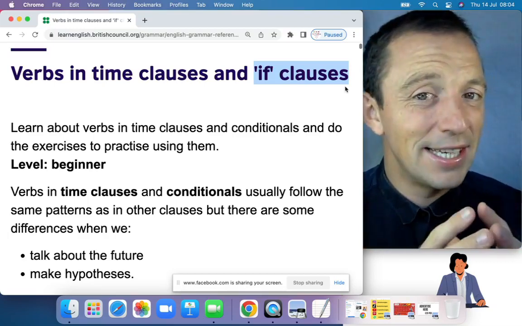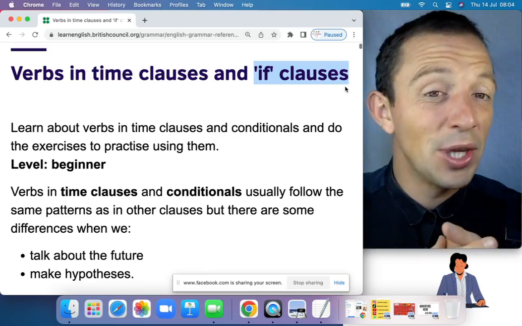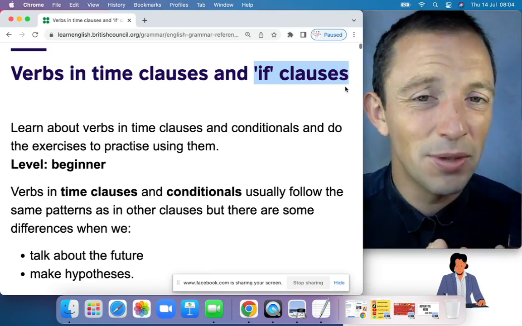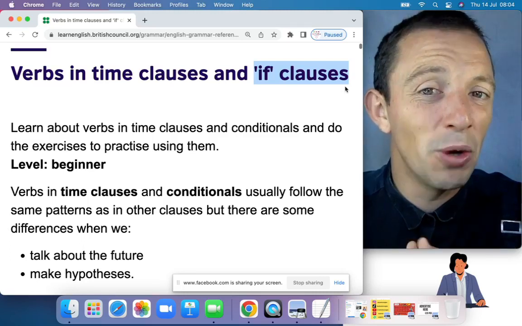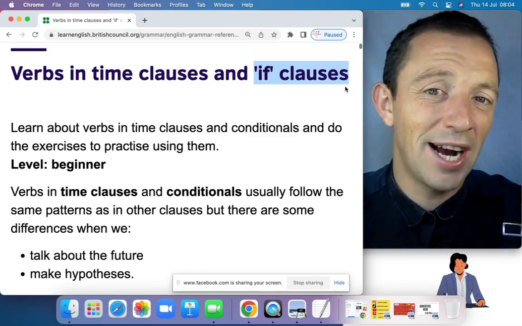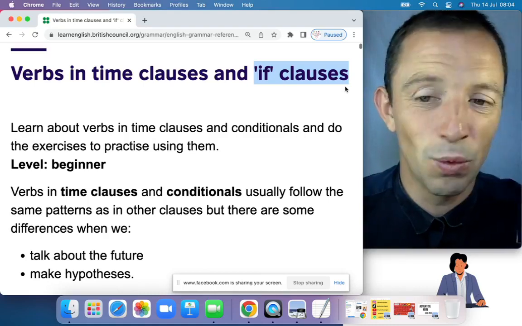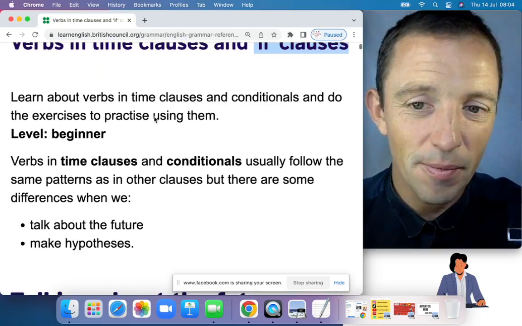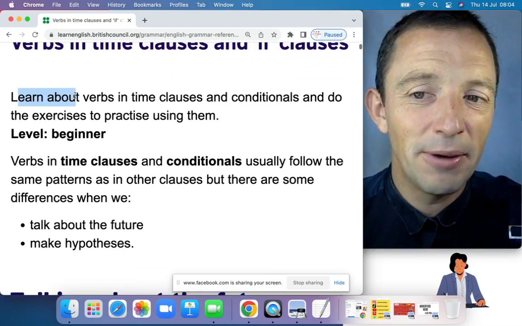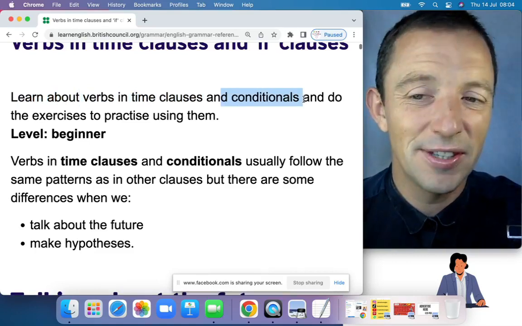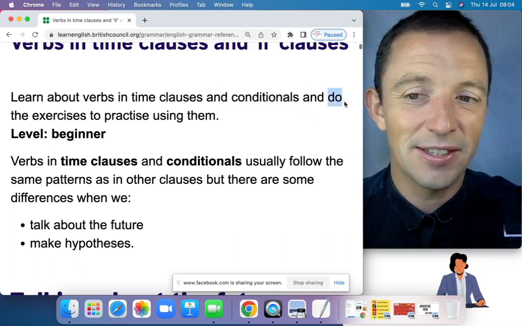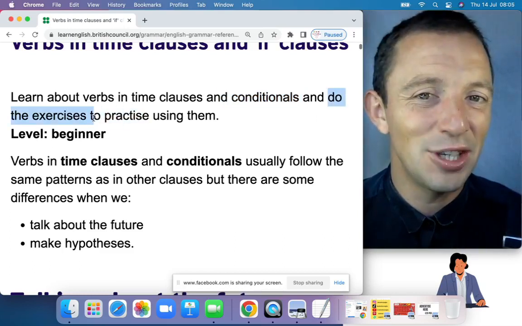But in reality, in spoken English, I don't think it's super strict sometimes, especially for communication. People understand you most of the time, but the rules are worth reading and worth learning a little. Okay, learn about verbs in time clauses and conditionals, and also do exercises to practice using them.